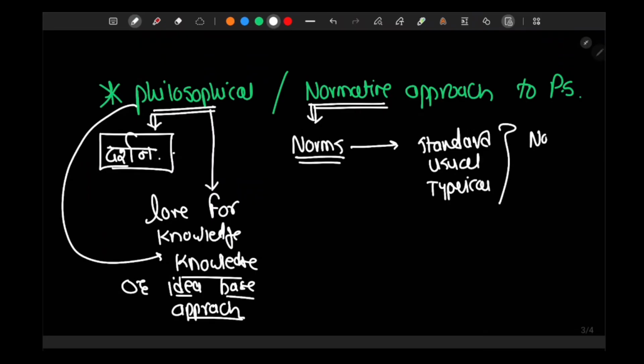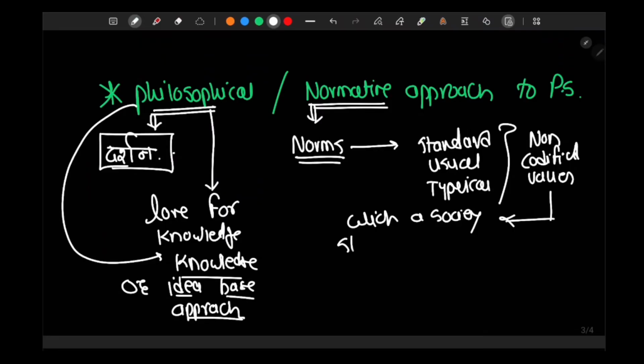Norms are non-codified values which a society should follow, right? Should follow.